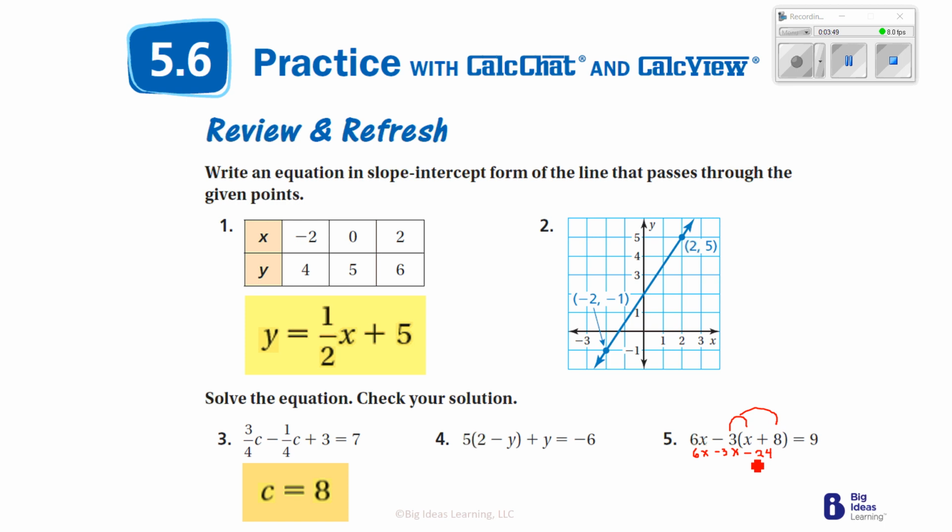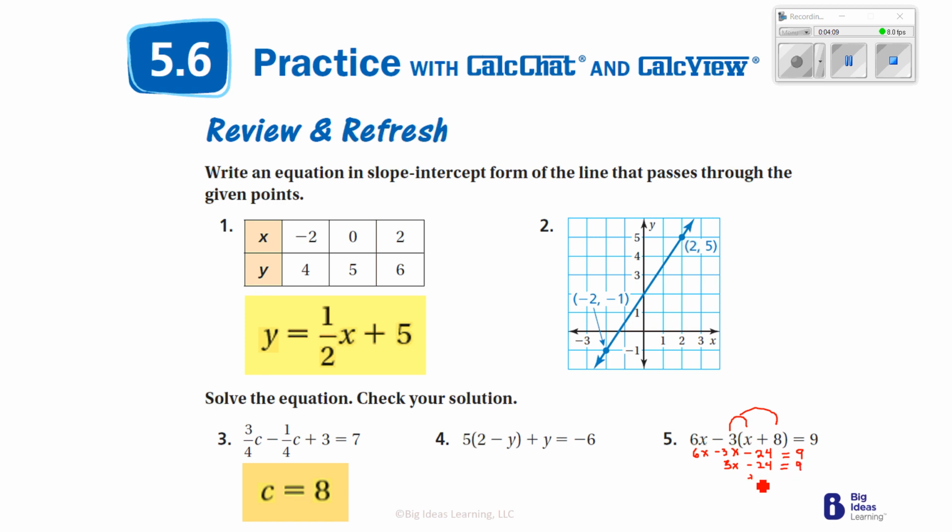Negative 3 times 8 is a negative 24. And that equals 9. Now I have 6x minus 3x. Well, that's going to be 3x. And then minus 24 equals 9.